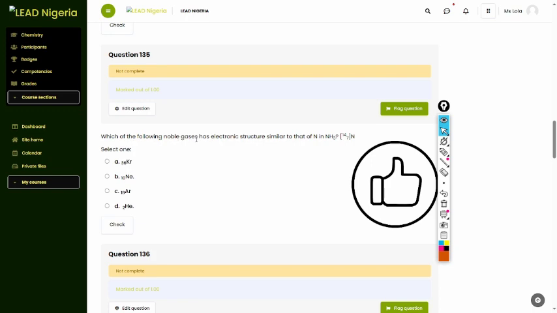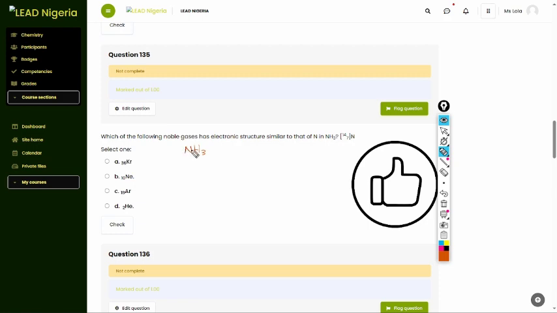Which of the following noble gases has electronic structure similar to that of nitrogen in ammonia? Let's find out the electronic structure of nitrogen in ammonia by first finding the combining power of nitrogen in ammonia, NH3.